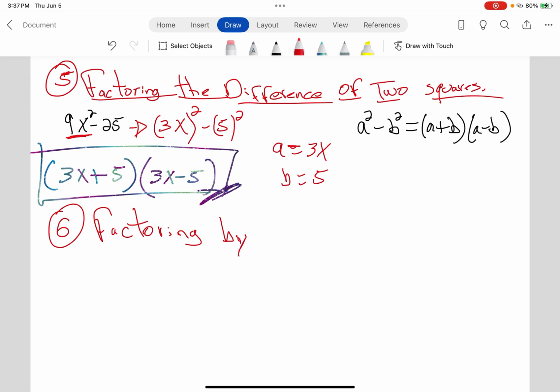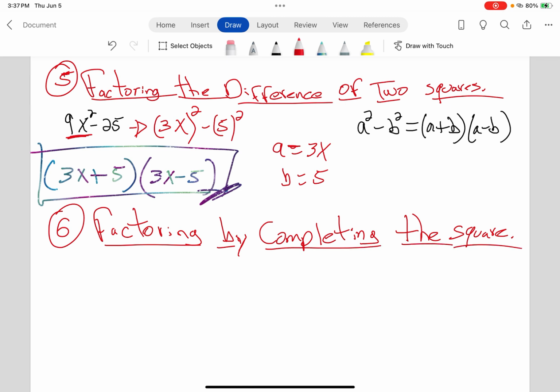by completing the square. So here I bring this example to be able to solve this problem, to implement factoring by completing the square.